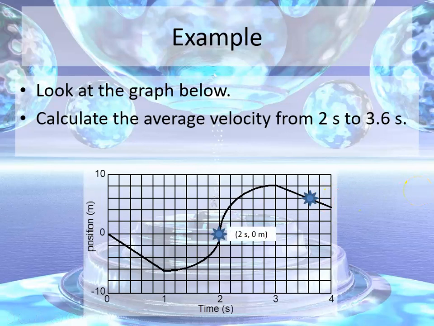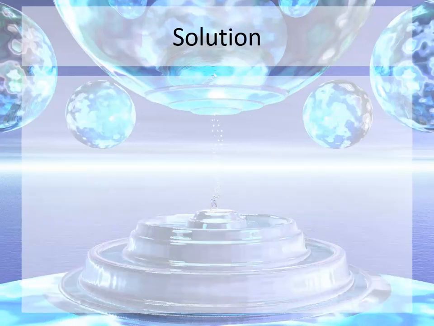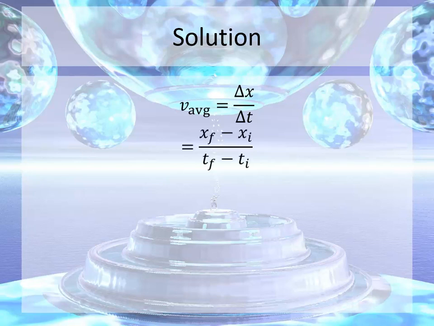We've identified those points, so we're going to shove those points into our equation for slope. Remember, solving problems, you start off with what you're given. We also need to apply a definition here. So we're going to tell the world that we are applying the definition of average velocity as delta x over delta t, so x final minus x initial over t final minus t initial. And we already wrote down our points by circling them and writing out their coordinates from that previous graph.